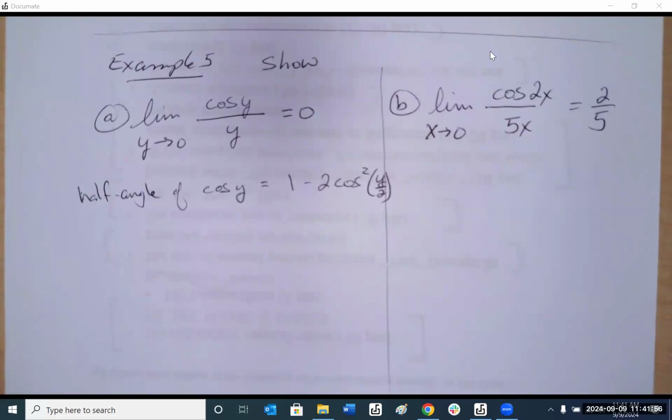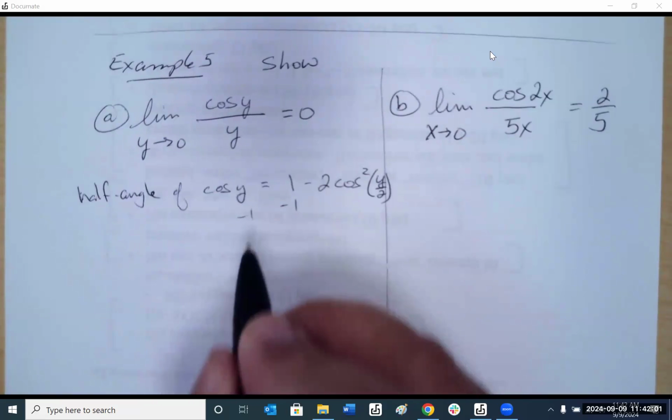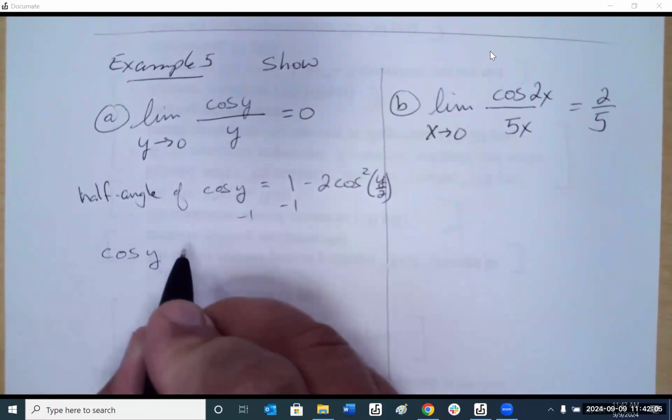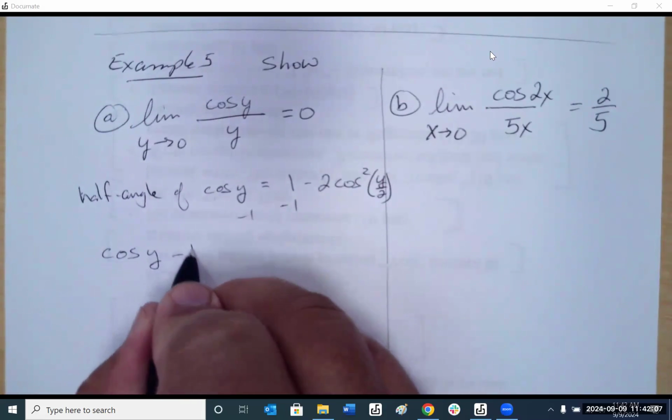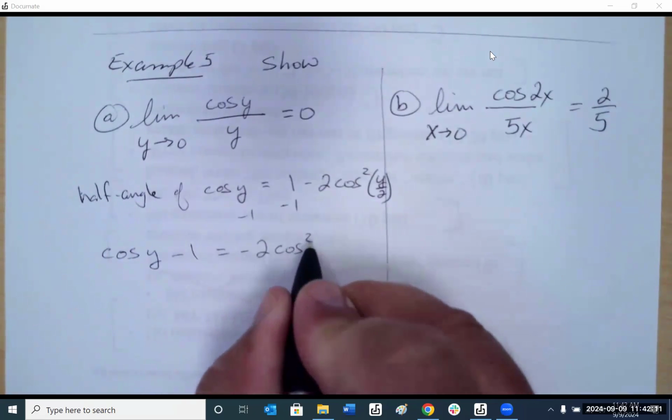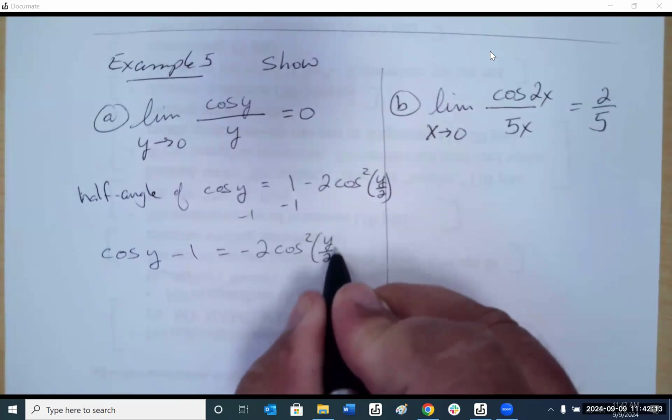So subtracting 1 from both sides, we have cosine y minus 1 equals negative 2 cosine squared y over 2.